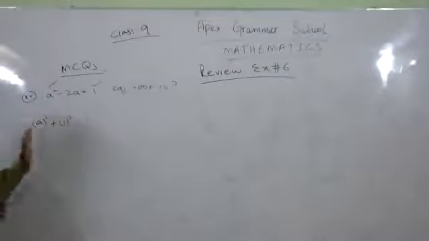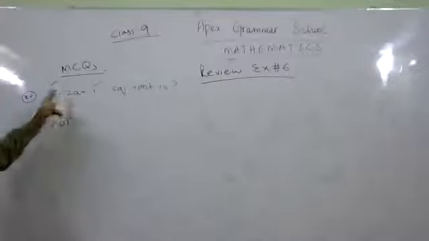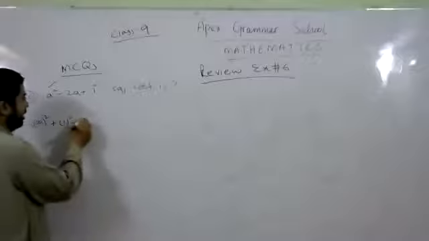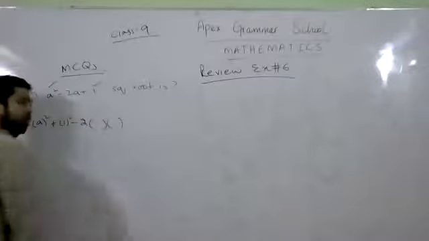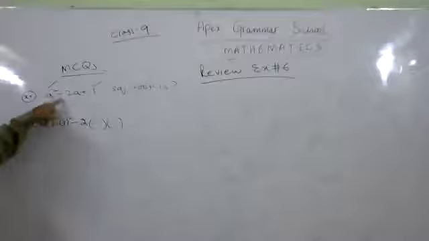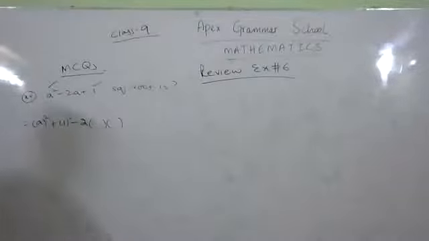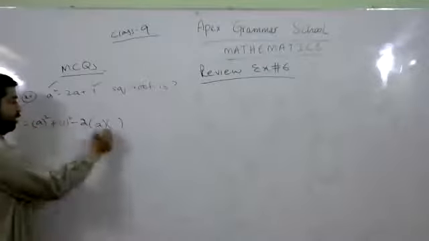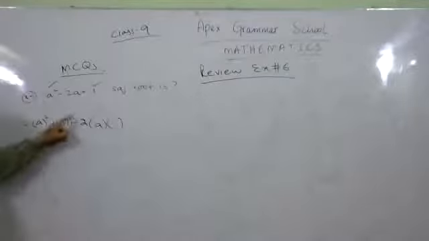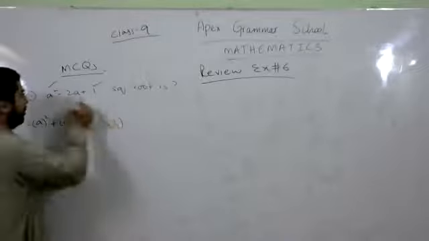This is a square plus this is b square, and after that, the negative sign, you need to write in the form of minus 2ab. So the value of a is beneath this square, and the value of b is beneath this square. Now confirm it.